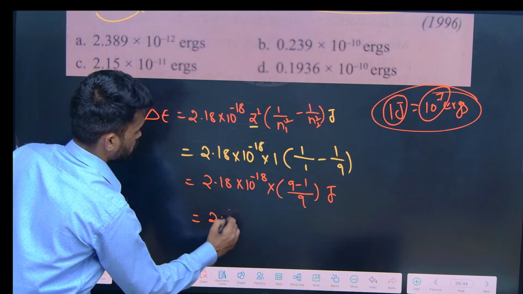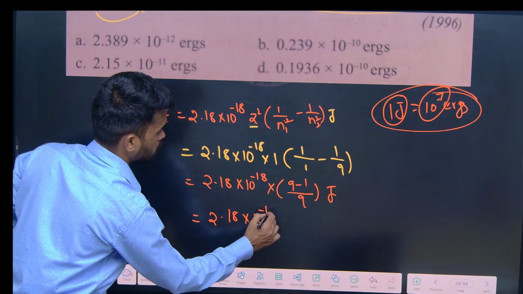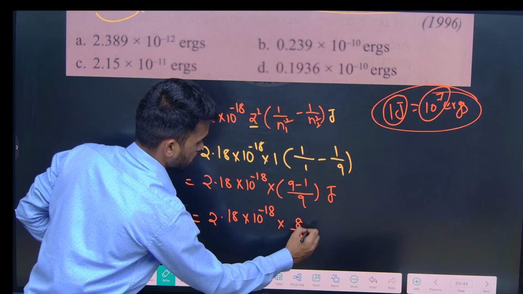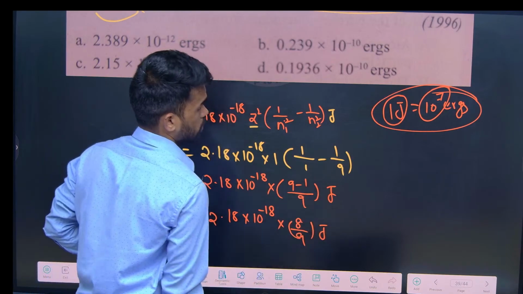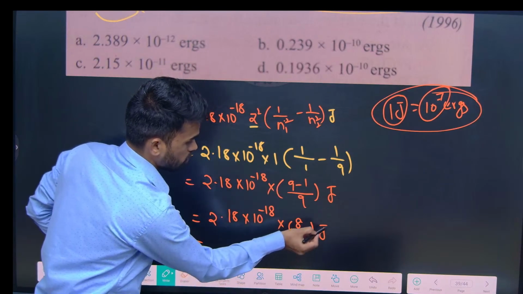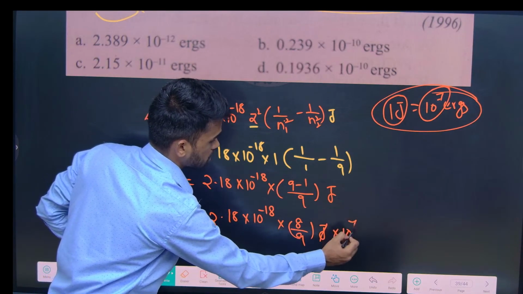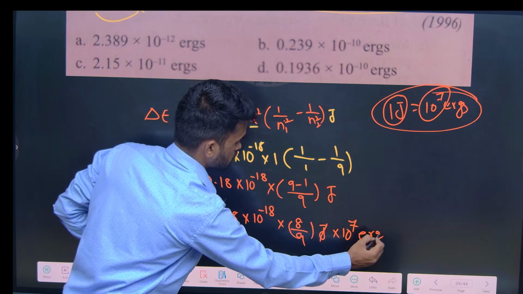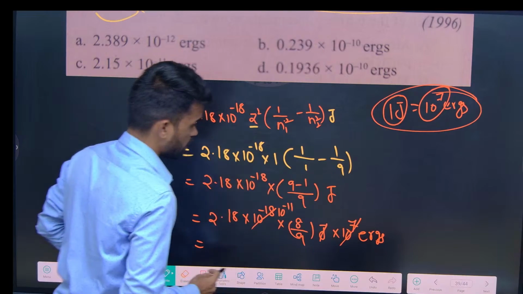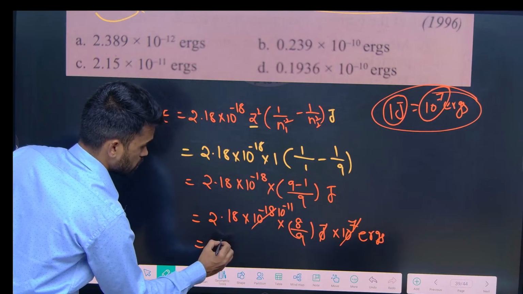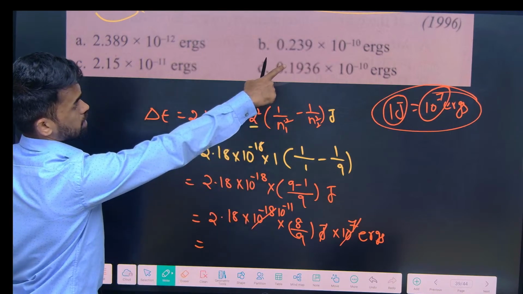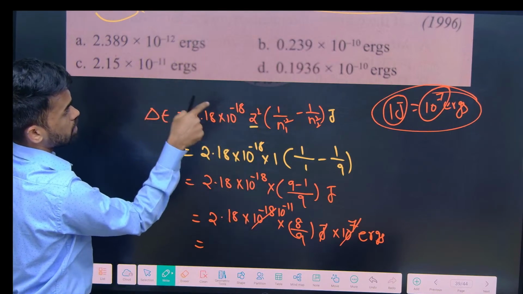So 2.18 into 10 power minus 18 into 8 by 9 joules. Okay. 0.193 into 10 power minus 10. Yeah. So this one I can write 10 power 7 ergs. So it means 10 power minus 11. The next. It will be simplified as 1.9. They are asking in terms of 10 power minus 10. Okay, fine.